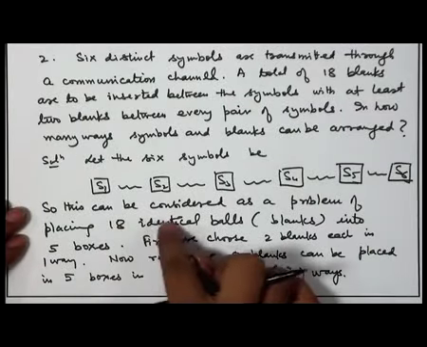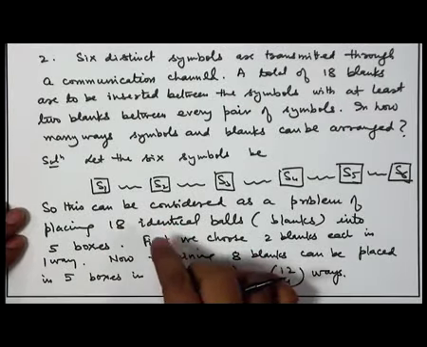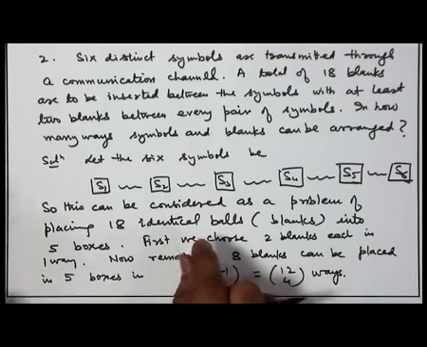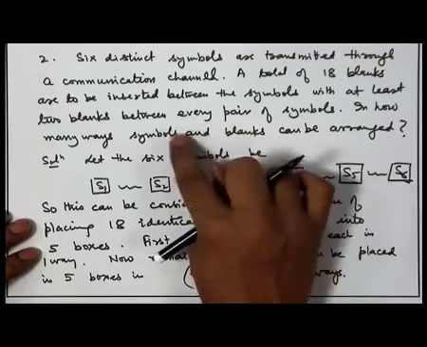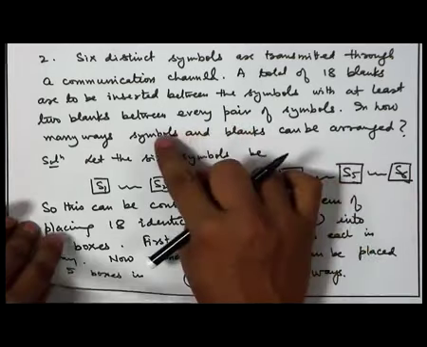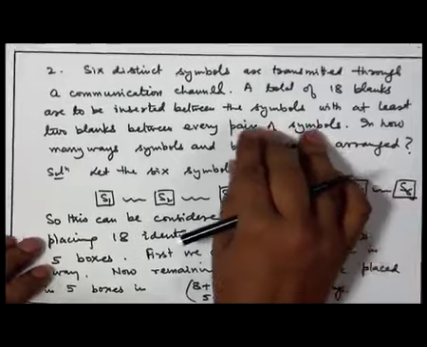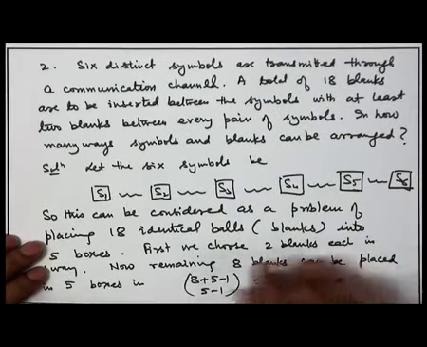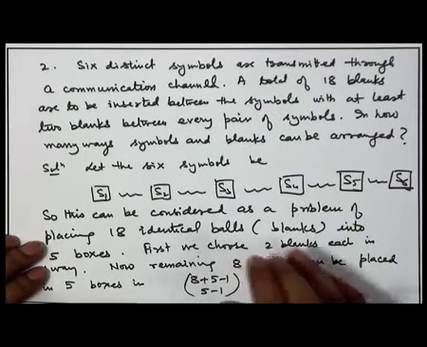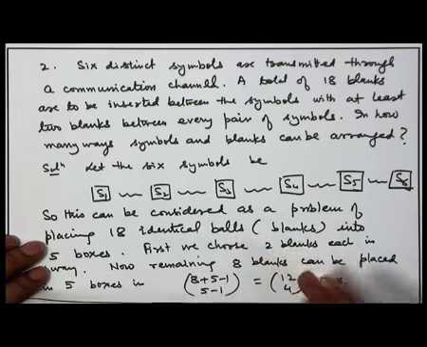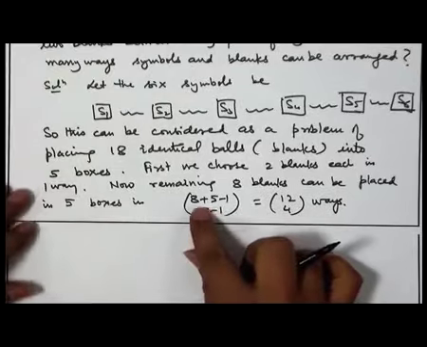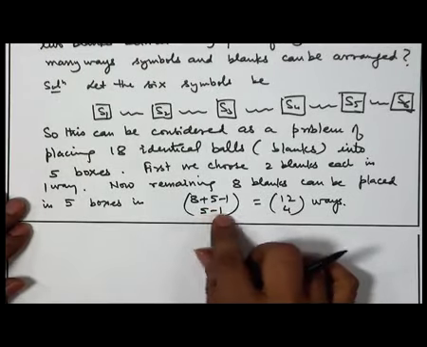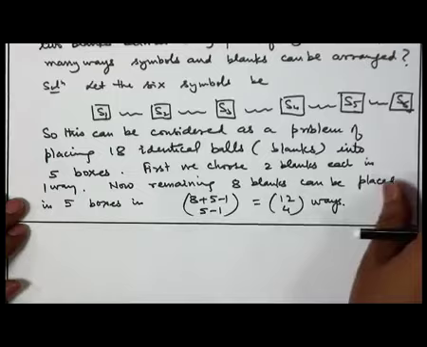So, you can see this problem we have reframed as a problem of placing identical balls into distinct boxes. Plus, we had some additional condition here that between every pair of symbols there are 2 blanks. So, that part we took care of by separately putting them. So, 10 blanks were selected and put there. Since they are all identical, the number of ways of choosing that is 1 only. Now, the remaining becomes r plus n minus 1 C r minus 1, and we have done that thing here.